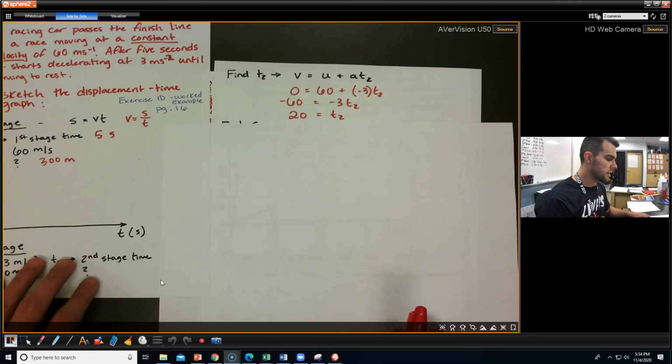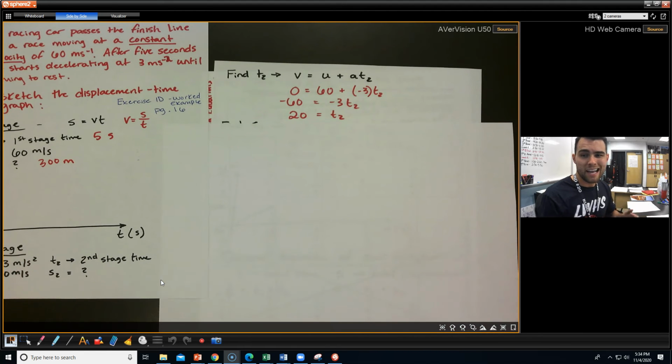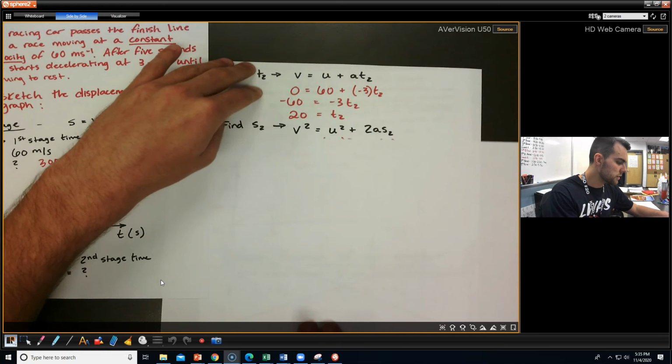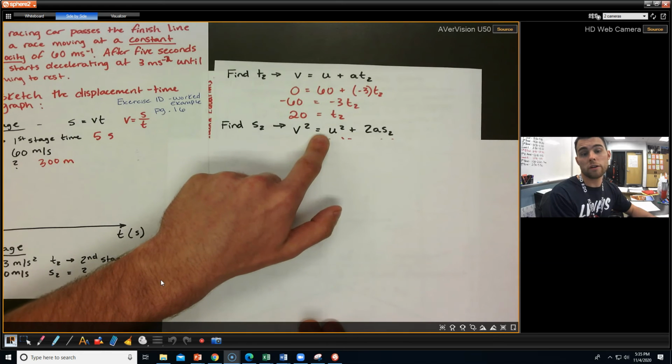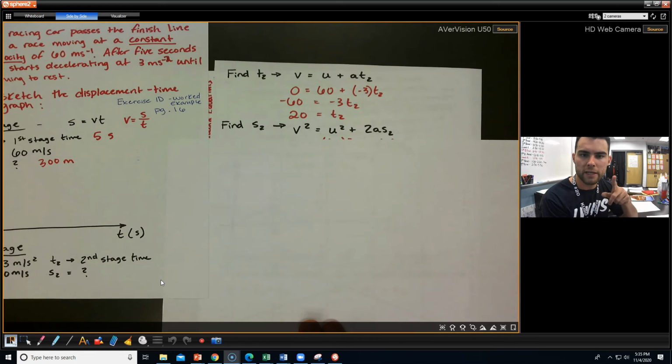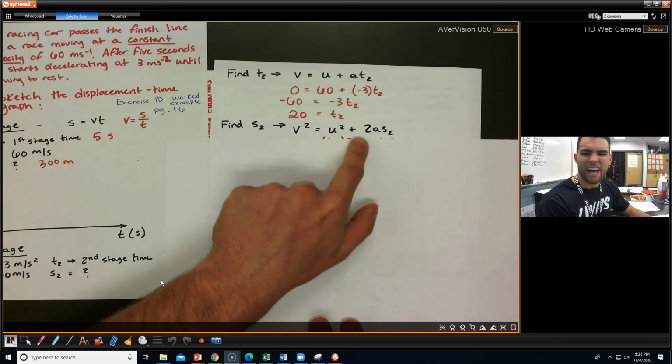Now I can find my displacement. I actually didn't need to solve for the time first, because you can use the v squared equals u squared plus 2as equation to find the displacement. I recommend doing that because it doesn't rely on time.